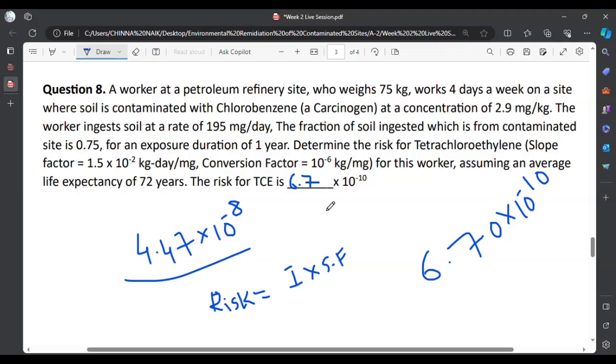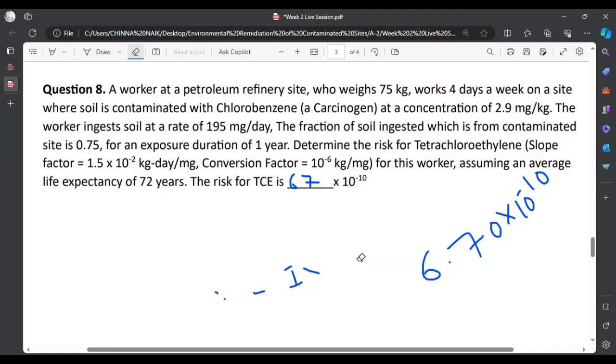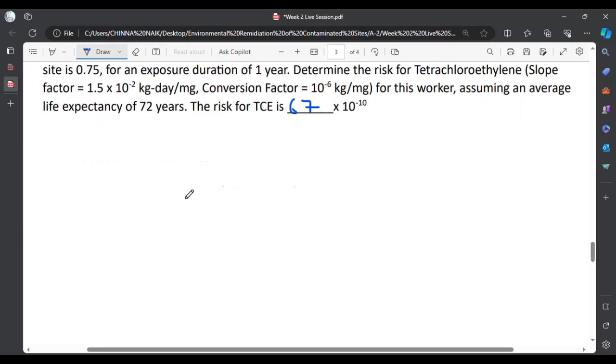So whatever answer we got, that is acceptable or unacceptable. 10 power minus 10 is less than 10 power minus 6, right? So it is within the acceptable limit.